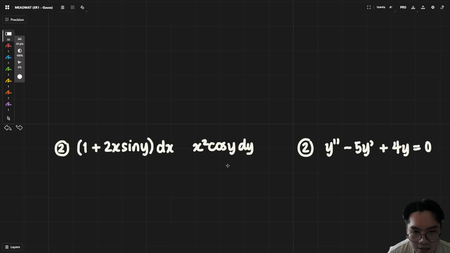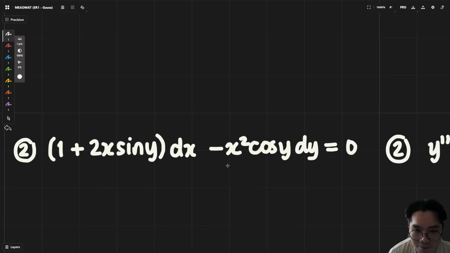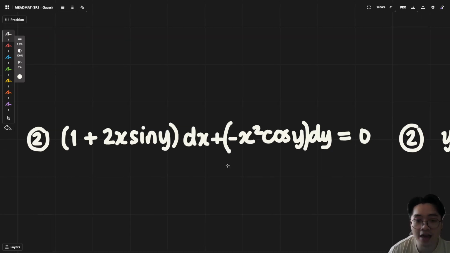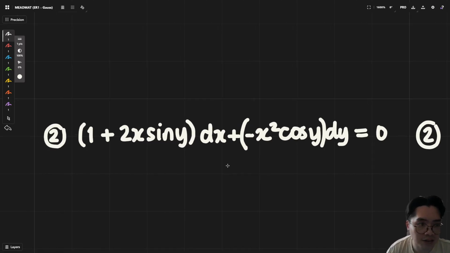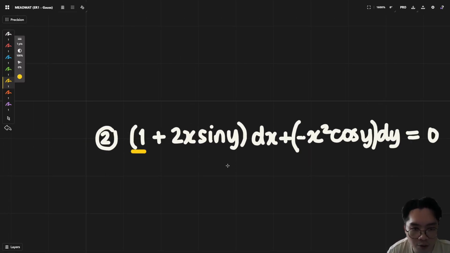We will get something like this is equal to 0. But again, this is still not good enough because we need this to be positive. So it should be plus and then negative, and I will put it like that, and only then can it be a good candidate for your exact equations.